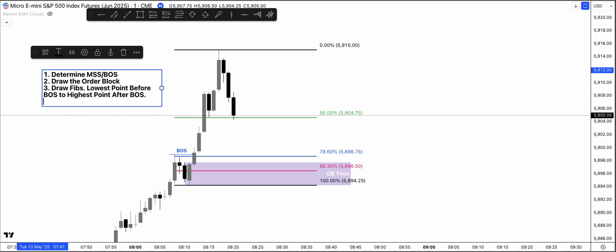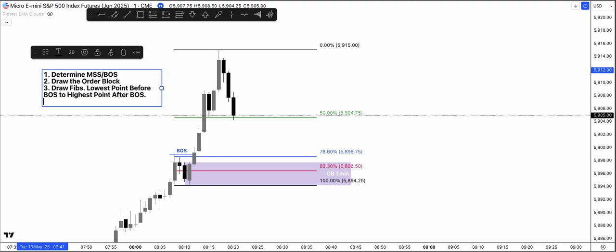Now, the values that I have for Fibonacci are not the regular ones. I have the 50%, the 78.6, and the 89.3.